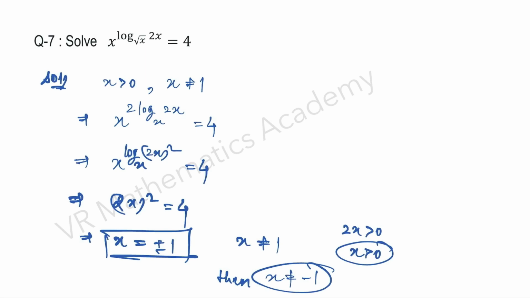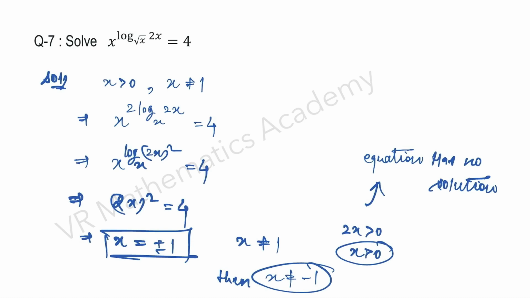So when x is not equal to 1 and x is not equal to minus 1, it implies that this equation has no solution. The equation has no solution. Okay, so far we have done this question also.